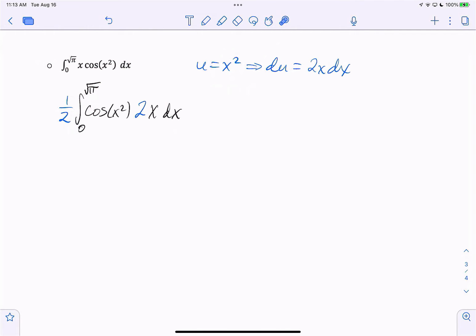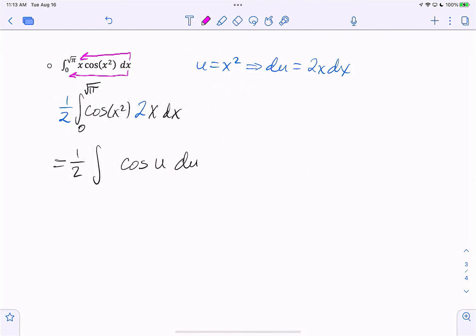Now, when we have a definite integral and we're using the substitution rule, we're going to substitute the variable out. So x squared gets replaced by u, the cosine of x squared gets replaced by the cosine of u, and 2x dx gets replaced by du. Now, the original limits of integration were x limits.